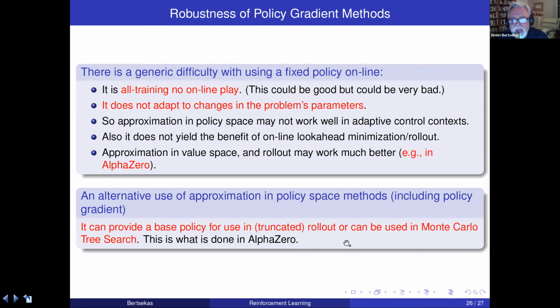This argument makes the case that you should be looking at approximation in value space and integrate approximation in policy space as you need to facilitate the implementation of the value space method.